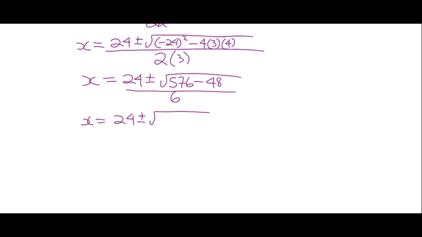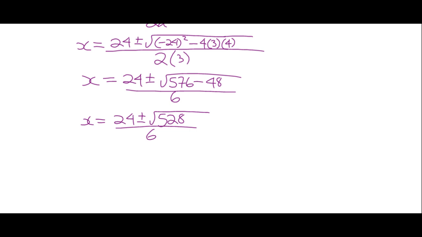So that's 528. All right, 528, so that probably reduces, right? So you're looking for the largest square that goes into 528. So divide 528 by 4, what do you get? 132.